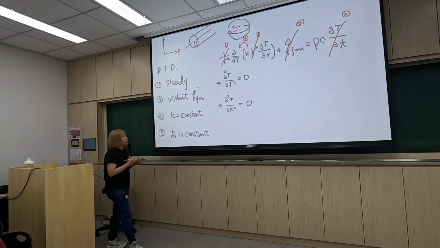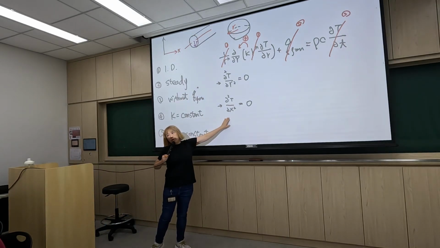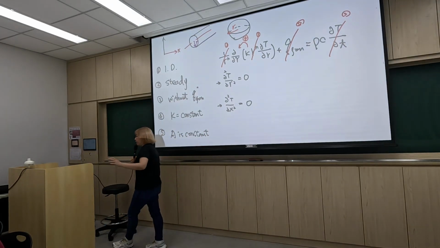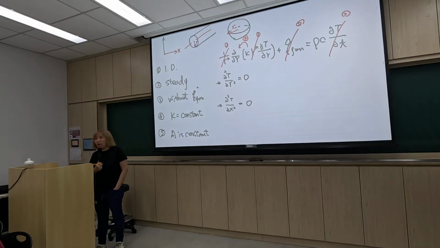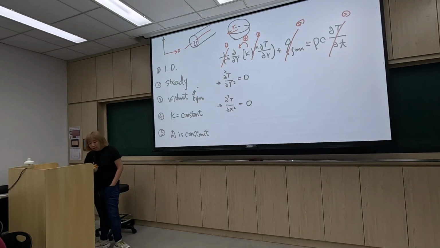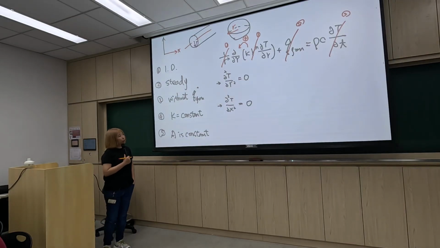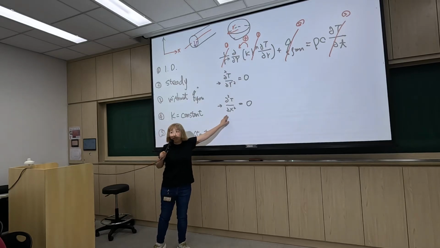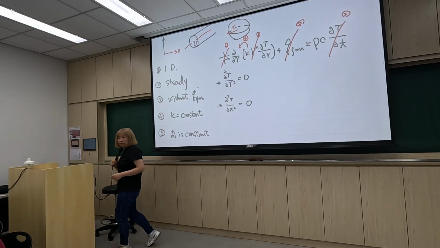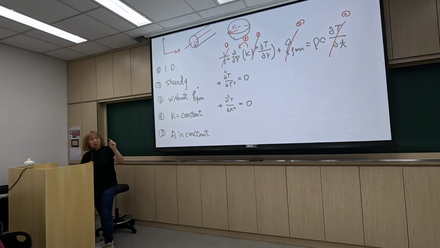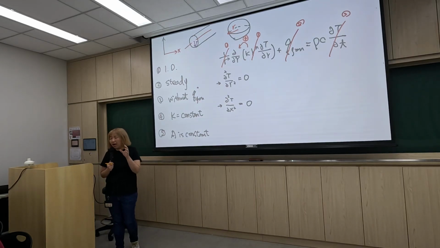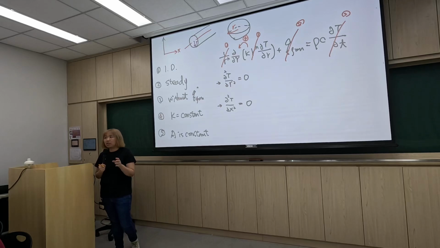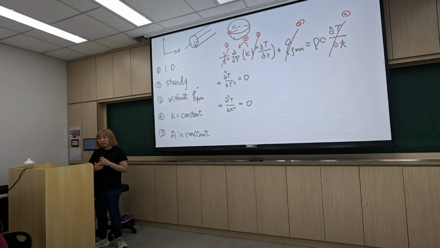When you see this equation, any equation where the second derivative equals 0, what does it indicate? It indicates the temperature distribution along the distance will be linear. Any parameter whose second derivative equals 0 must be linear.